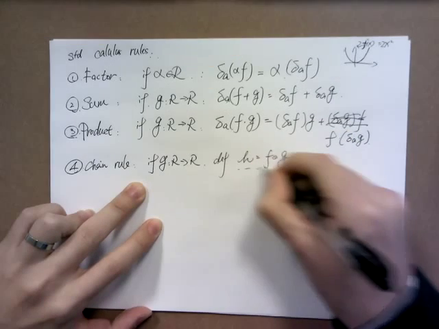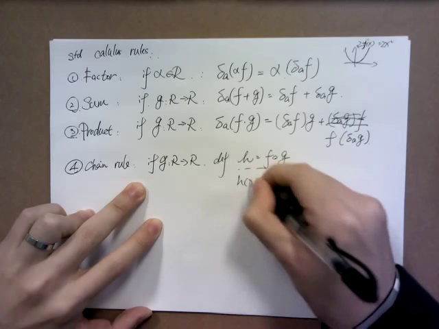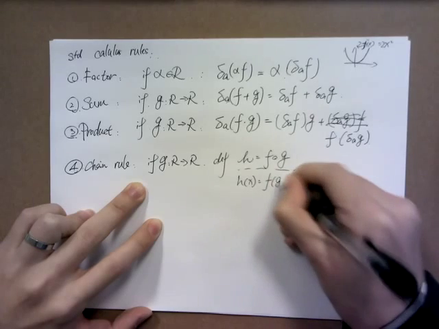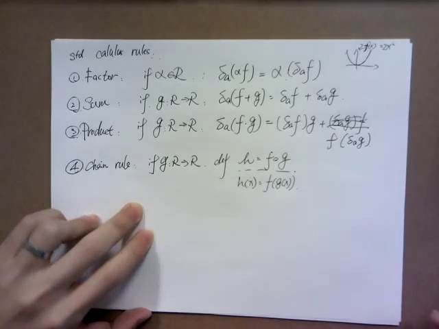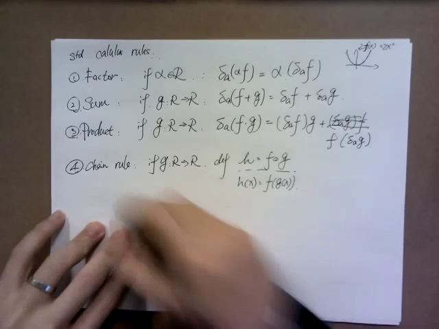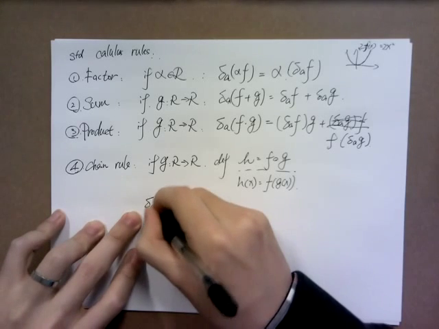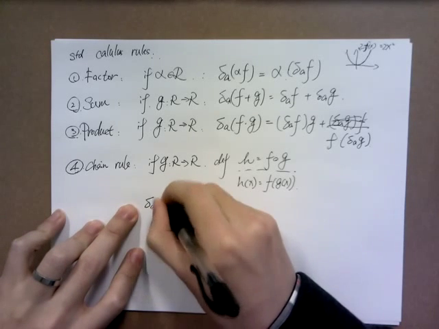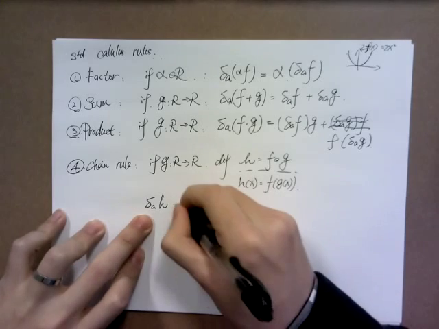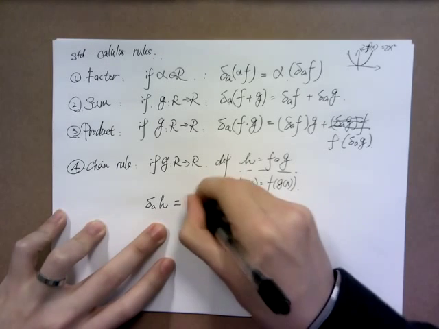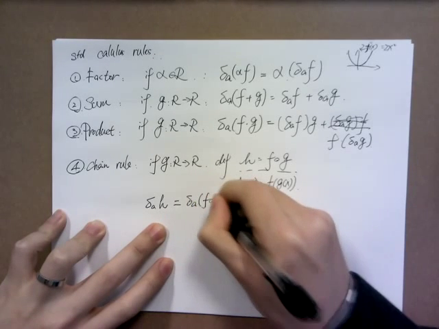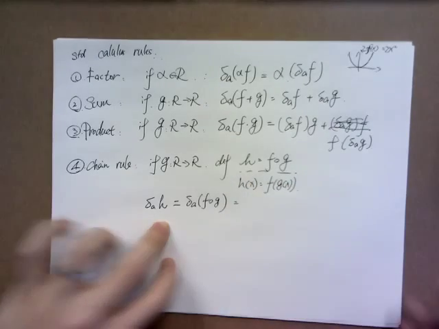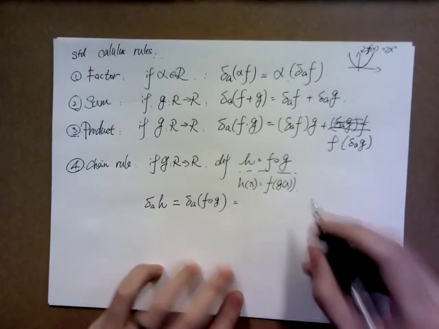So what function h does is h(x) equals f of g(x). And so I want to get the total derivative near a of h, which is f composed with g.